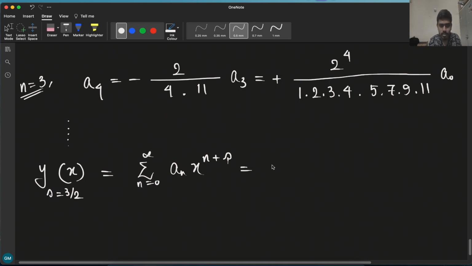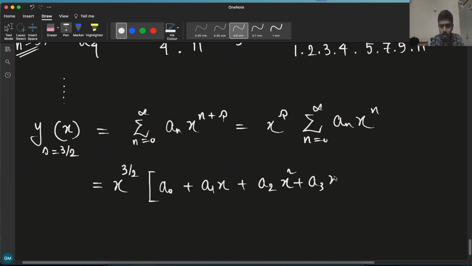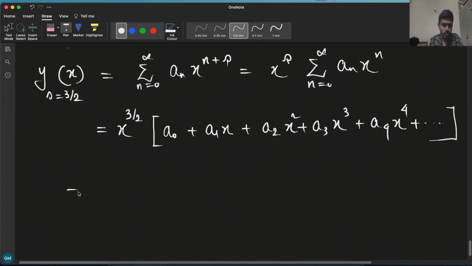I can write this x to the power s outside, so it will be x to the power 3 by 2 times the sum of an x to the power n, which is a0 plus a1x plus a2x square plus a3x cube plus a4x to the power 4 plus and so on.